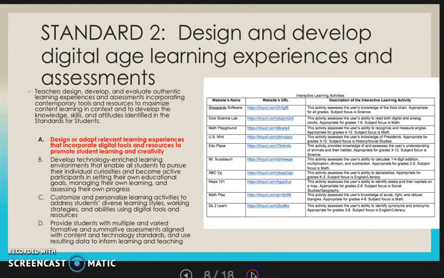An example of this would be the interactive learning activities that are created to design or adapt relevant learning experiences that incorporate digital tools and resources to promote student learning and creativity. These websites are to be used on whiteboards, and they enhance student learning by allowing students to physically or digitally move items on the screen from one place to another.